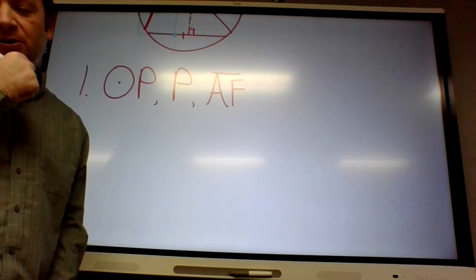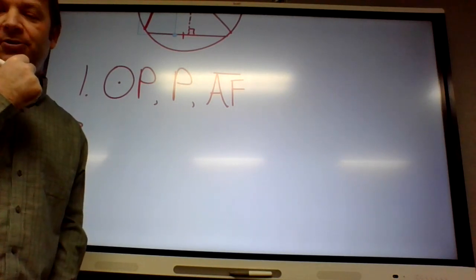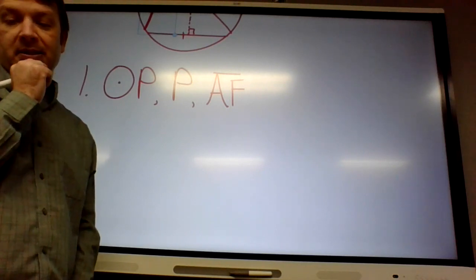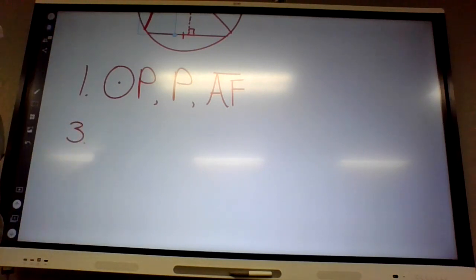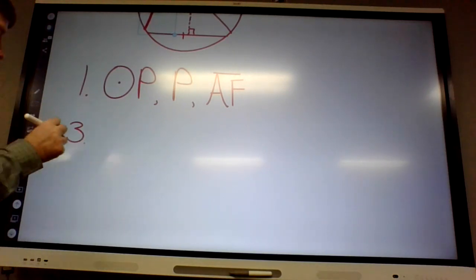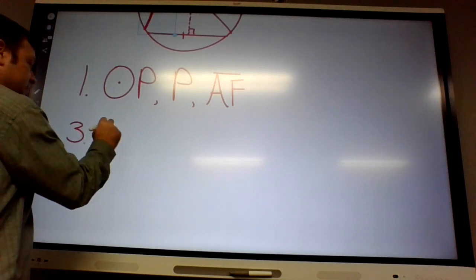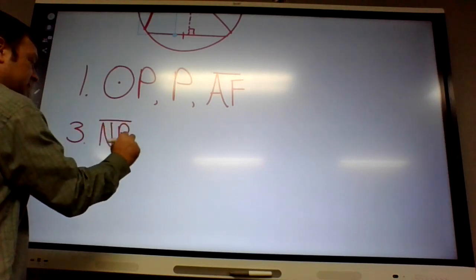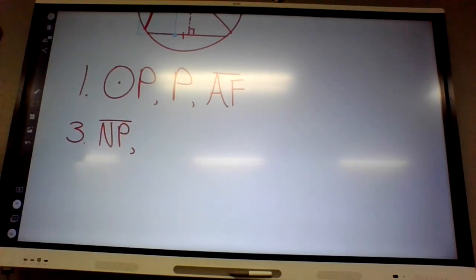Okay. Name 3 radii. Natalie, can you give me a radius in the circle? Radii is plural for radius. NP. How should I label it? The line segment symbol. Okay. Keziah, do you see another radius in the circle? FP.